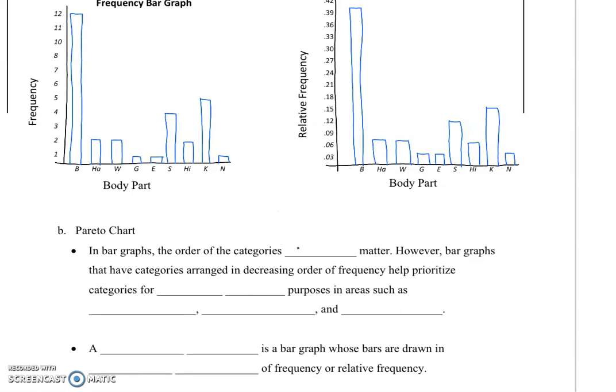In bar graphs, the order of categories doesn't matter. However, bar graphs that have categories arranged in decreasing order of frequency help prioritize categories for decision-making purposes.